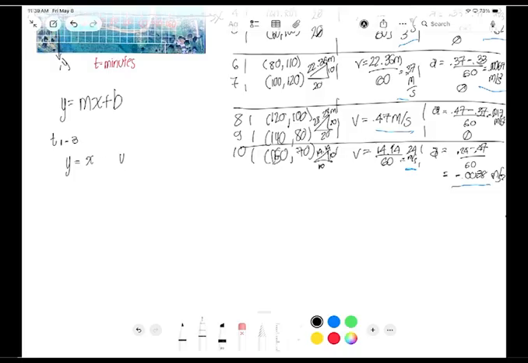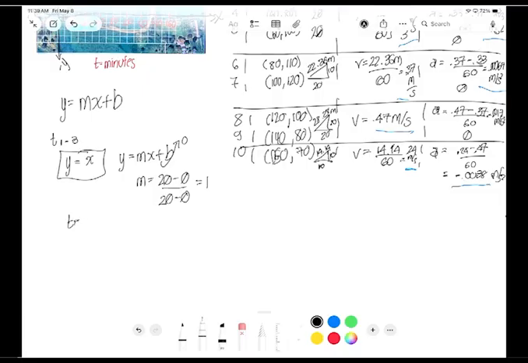So in this case, y equals mx plus b, but b was 0. And we have that m was 20 minus 0 over 20 minus 0, which equals 1. That's where we get this one right here.